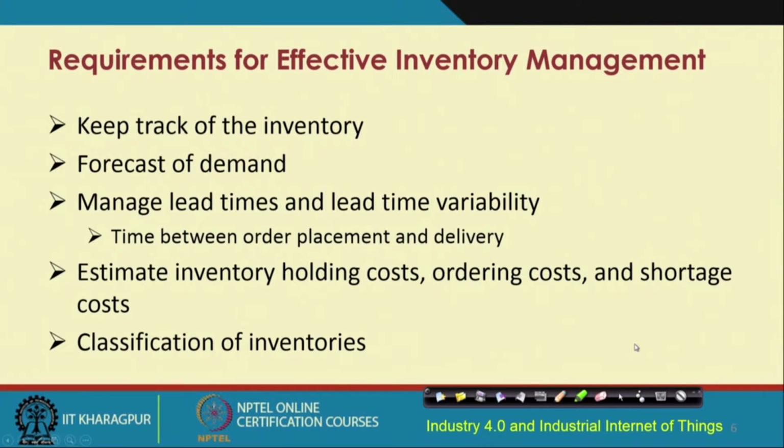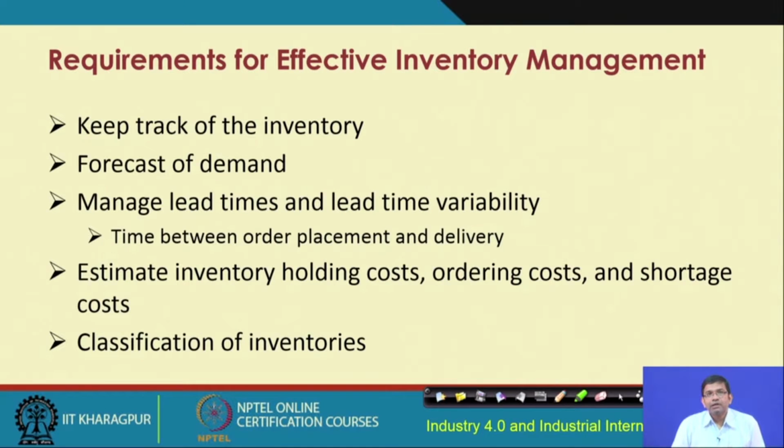So, for effective inventory management, it is required to keep track of the inventory, to forecast the demand, to manage the lead times and the lead time variability. So, what is this lead time? Basically this is the latency, the lag between the placement of the order and the delivery of the order.